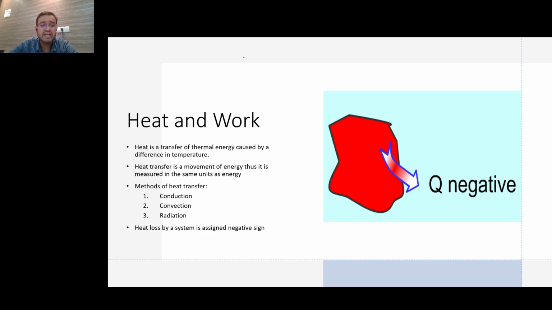What is radiation? To understand radiation, we have to understand the electromagnetic spectrum. You can think of it this way: light is a part of the electromagnetic spectrum.